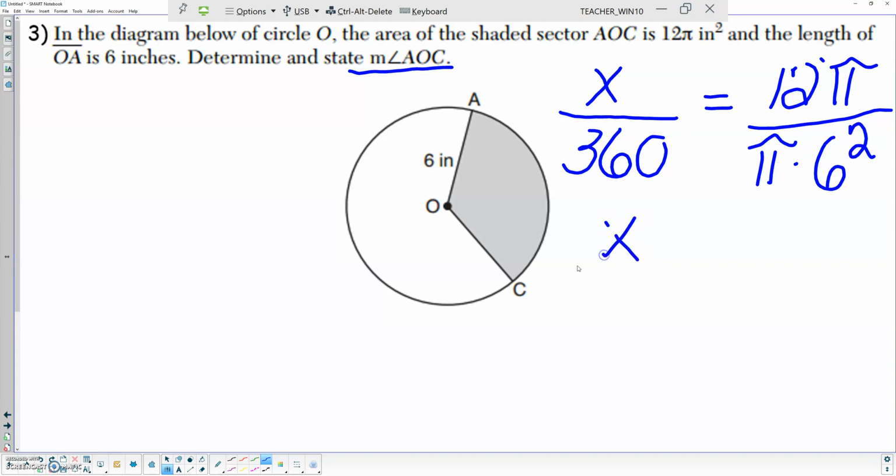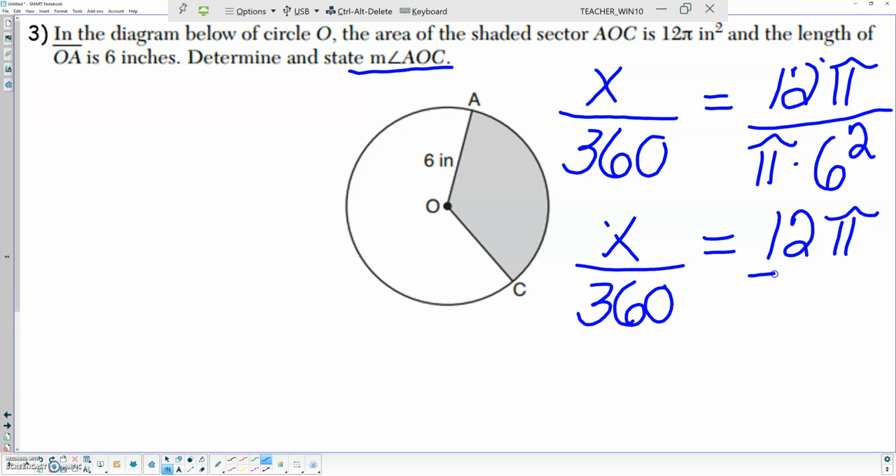So we get x over 360 equals 12 pi over 36 pi. What's nice here is that the pi's just cancel out since it's on top and bottom.